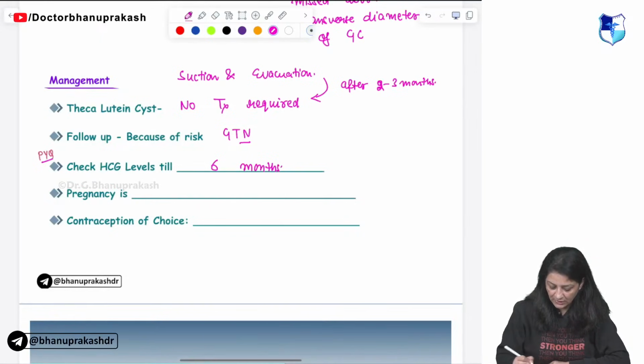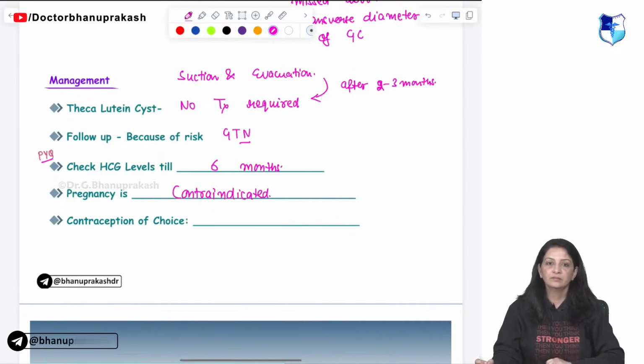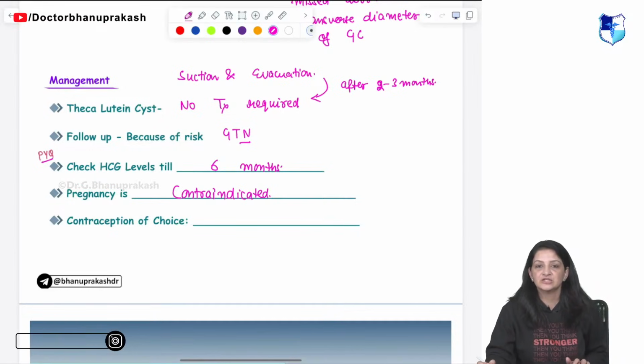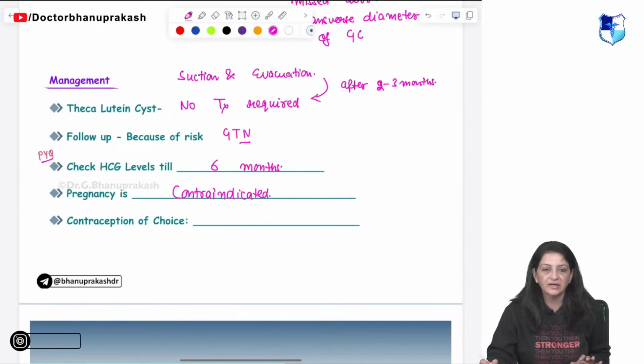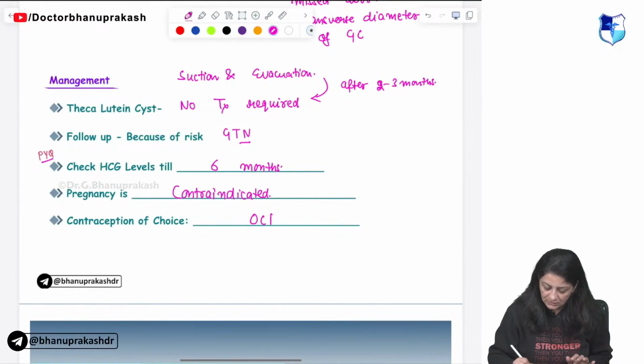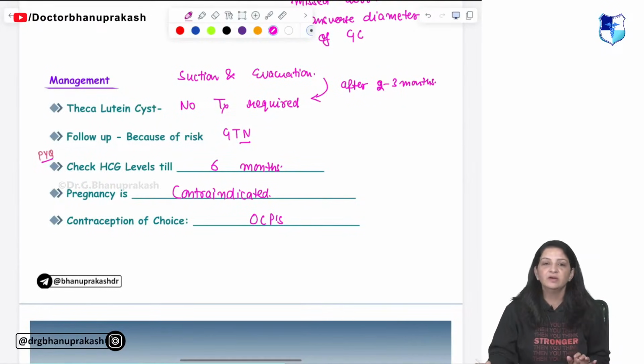Till 6 months, pregnancy is contraindicated because we have to check the beta-HCG levels. Contraception of choice, OCPs, oral contraceptive pills.